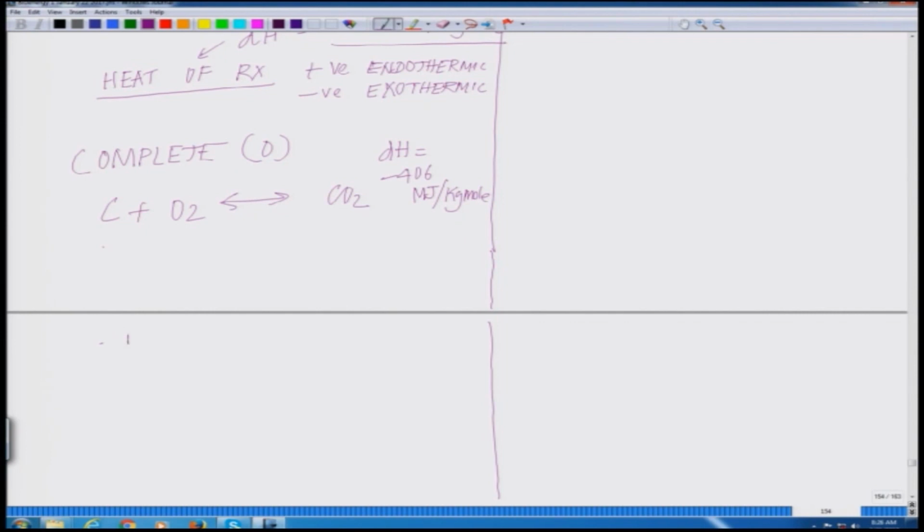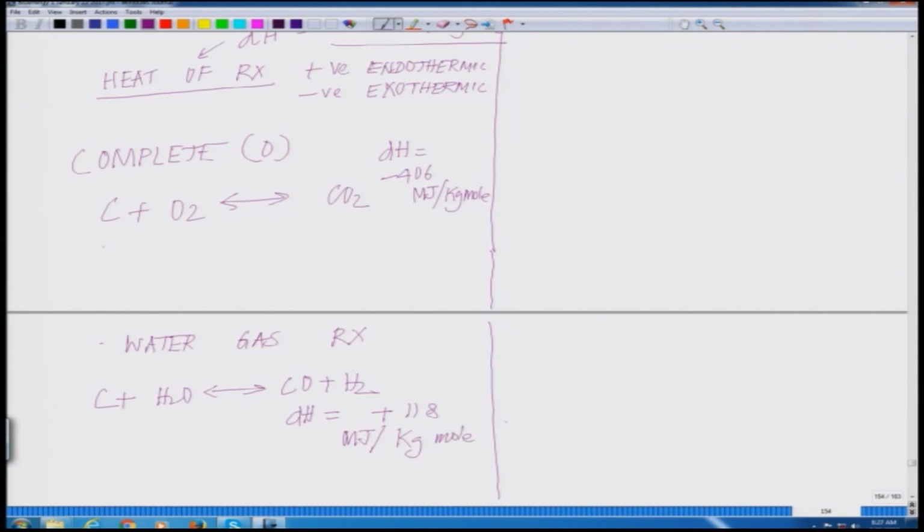The water gas reaction, which is in the presence of steam, is C plus H2O making CO plus H2, and the heat of reaction here is very critical, a positive value.